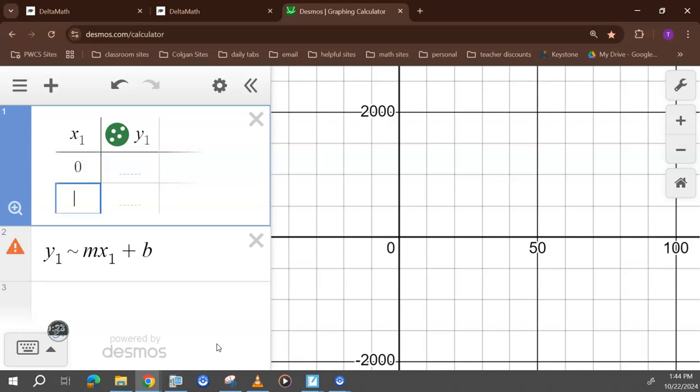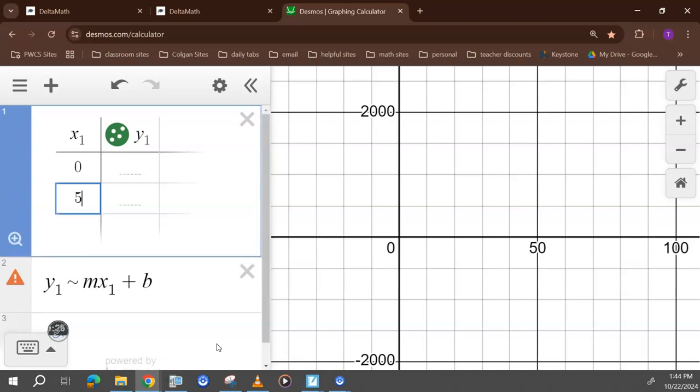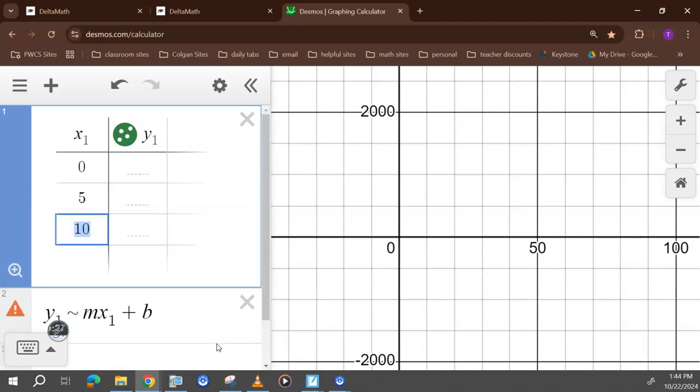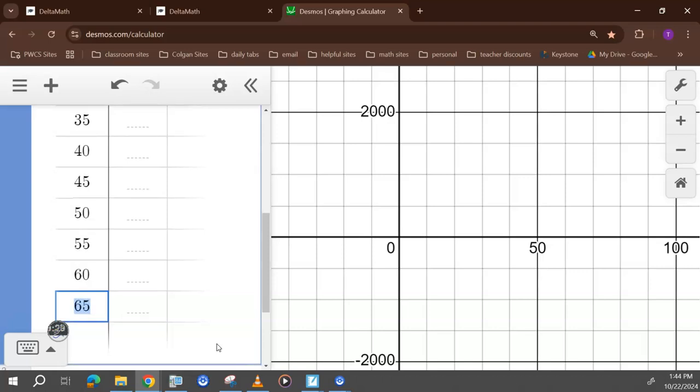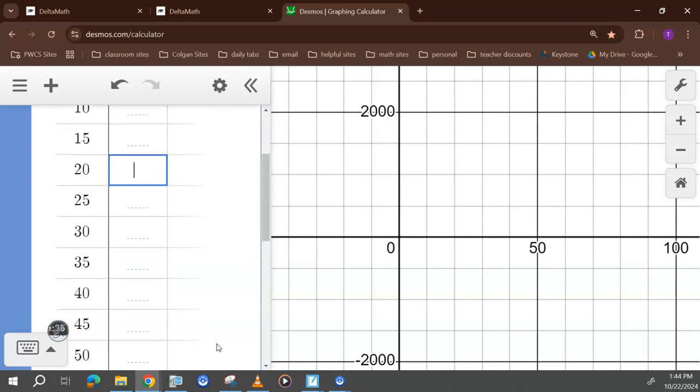In Desmos, if you do have a pattern, so let's say I hit 5 and I hit enter, it will recognize said pattern, and then you can just hit enter instead of typing in all those numbers. But for the y, that doesn't work. You have to type in all the y's.